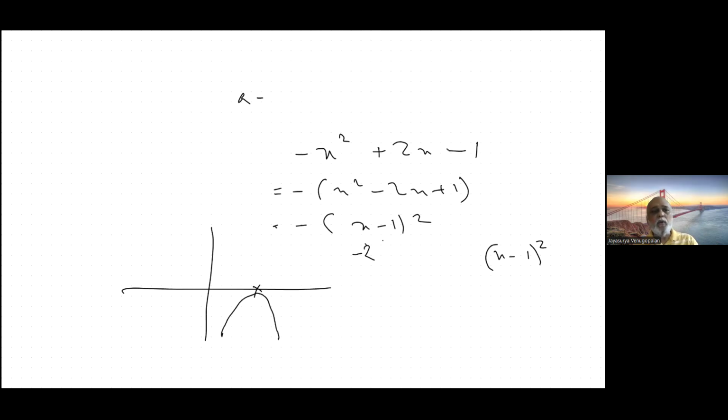One more point I'd like to make quickly: if you have a quadratic equation ax squared plus bx plus c equal to 0, we can derive, but for now we take it for granted, that each root is equal to x is equal to minus b plus or minus root of b squared minus 4ac by 2a.